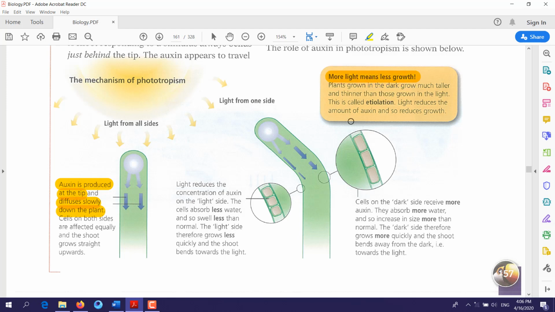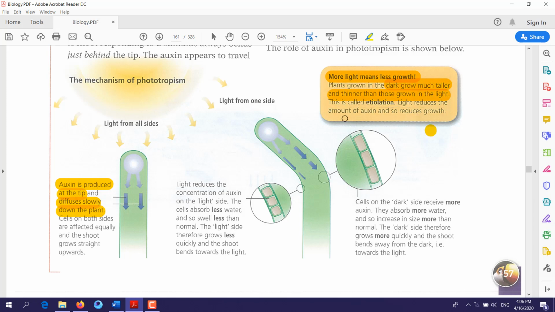Here we have a note: more light means less growth. What does that mean? If we compare plants that grow in front of the sun with shadow plants, or plants that need a dark place to grow, we will see that the dark plants are usually taller and thinner. Plants grown in the dark grow much taller and thinner than those grown in the light. This is called etiolation.